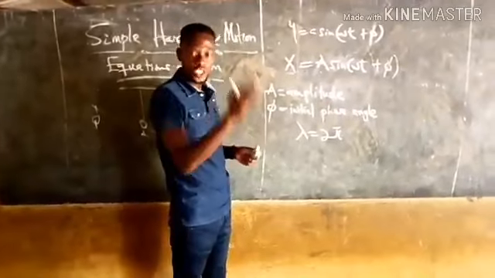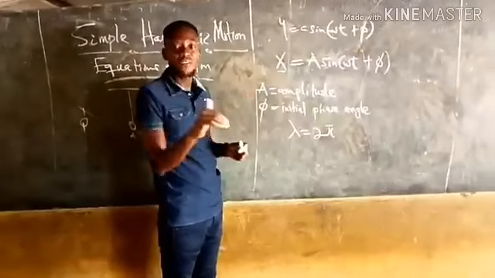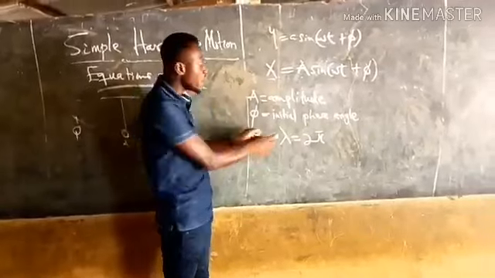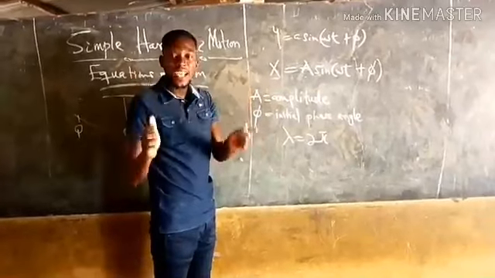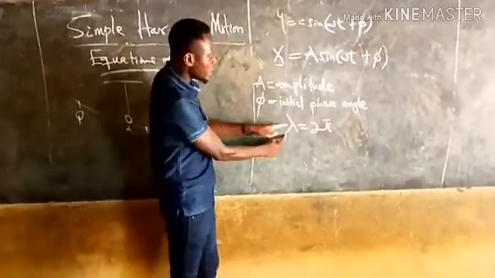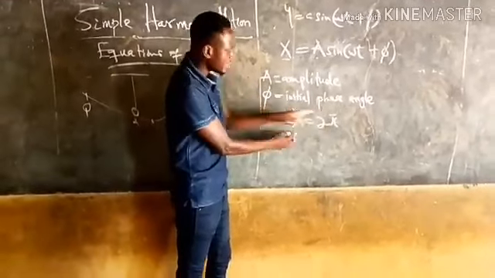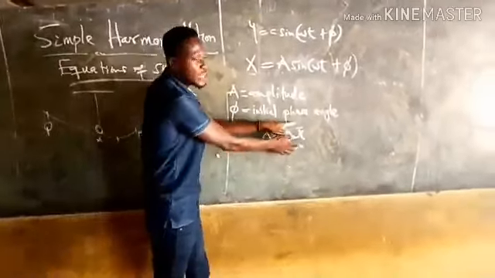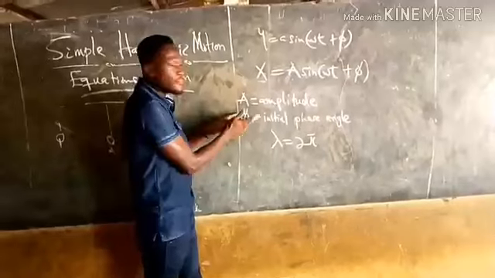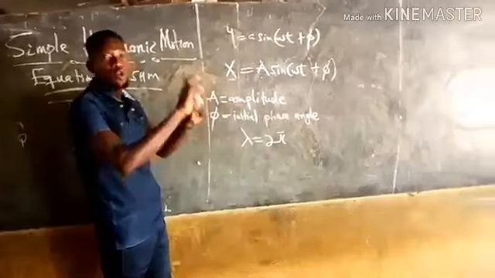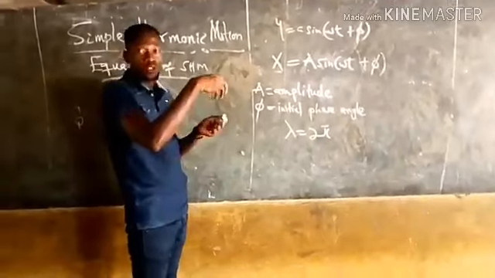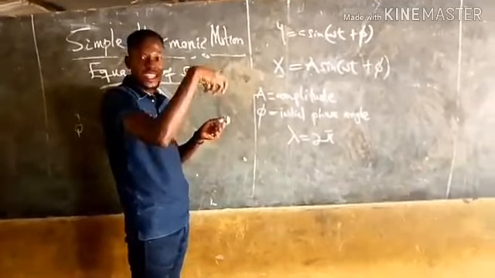A complete cycle has an angle of 2 pi radian. That is the total distance, and this is the total angle. So if we are saying that initial phase angle is a fraction of a complete cycle, then it means that the body will be found within that complete cycle.